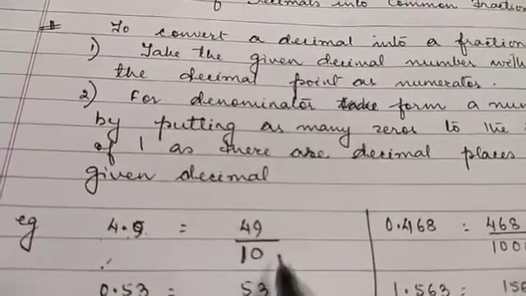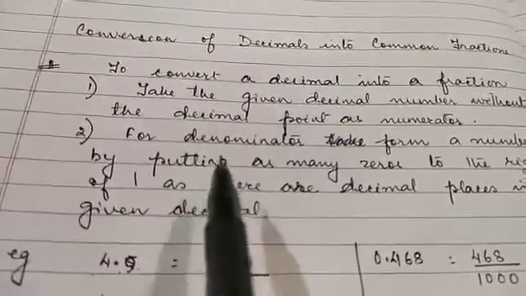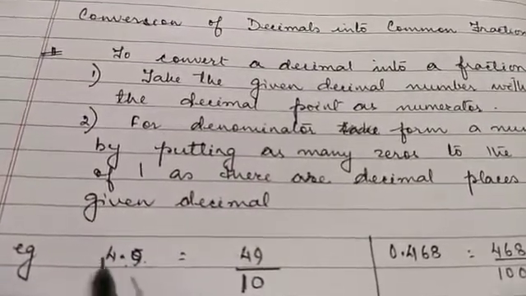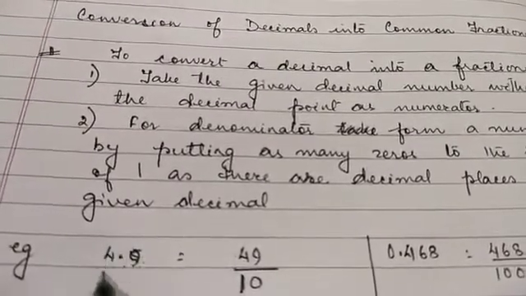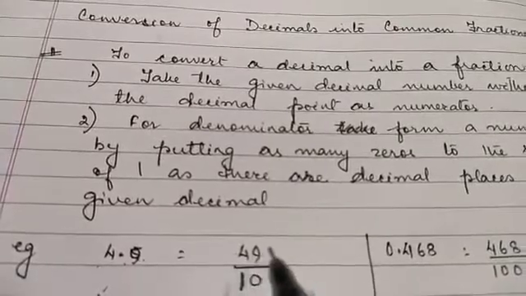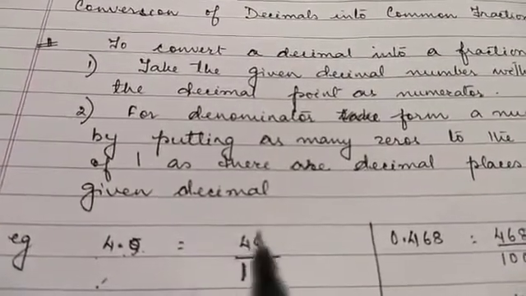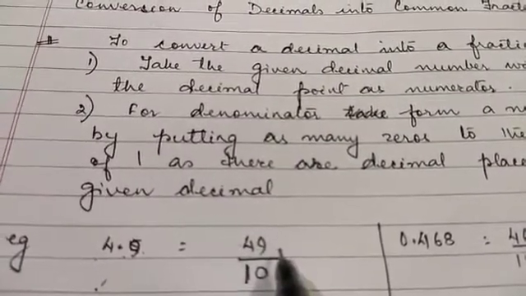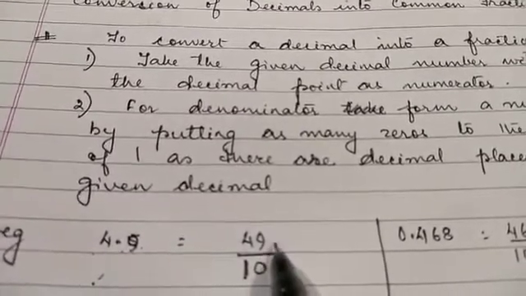So how was the denominator formed? What are we going to do to convert a decimal into a common fraction? First, whatever number is given to you, you will write that number without the decimal point, and write it as numerator.